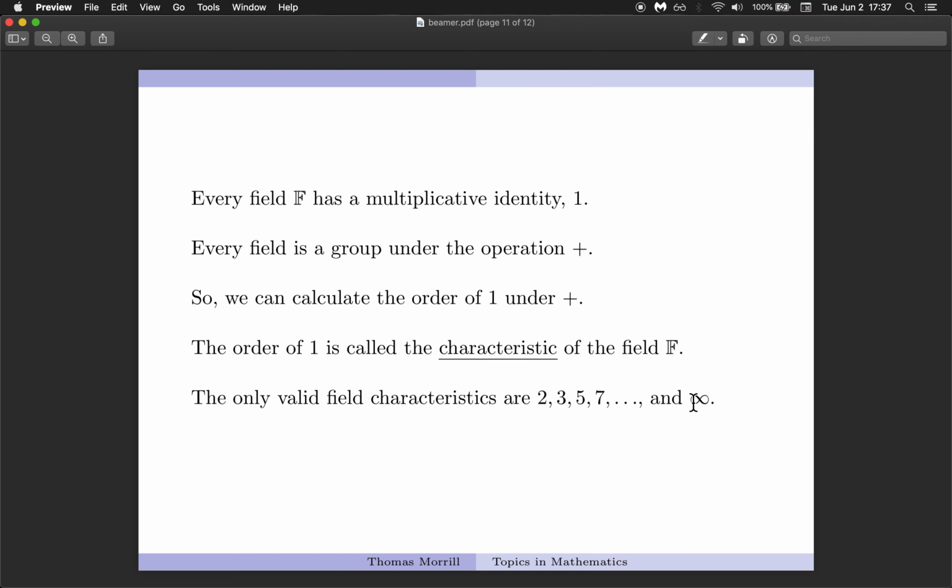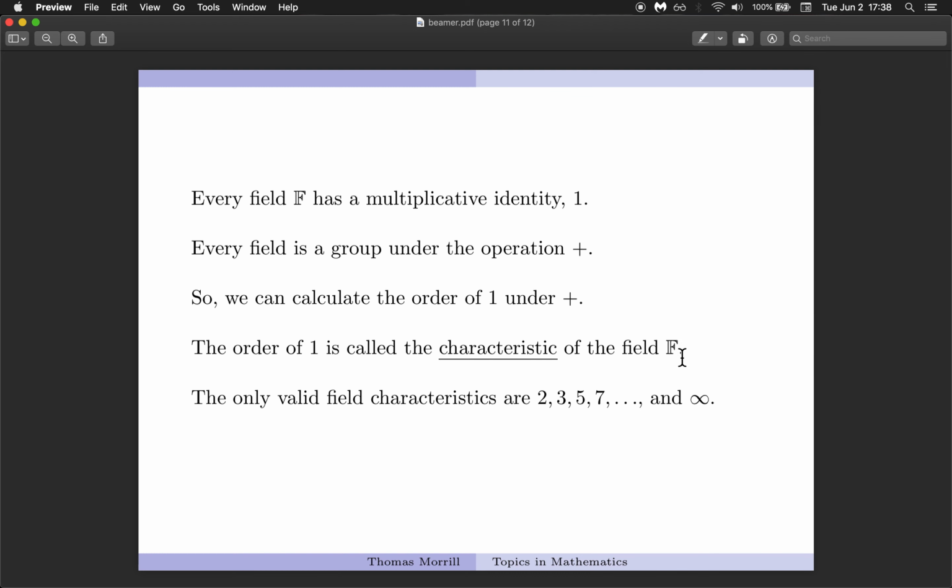That would be more like the real numbers, which have characteristic infinity because no finite number of copies of the real number 1 add up to get 0. But in a finite field, we have to have a finite characteristic, and that characteristic is always going to be a prime number.